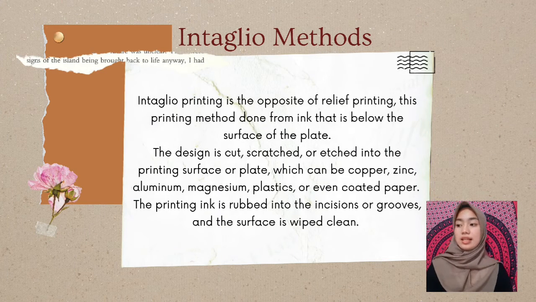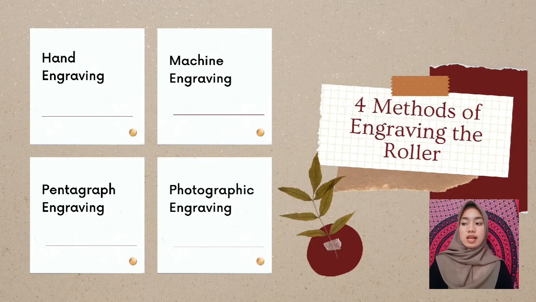The printing ink is rubbed into the incision or groove, and the surface is wiped clean. So roller printing has four methods. The first one is hand engraving. The second one is machine engraving. The third one, pantograph engraving. And the last one is photography engraving.